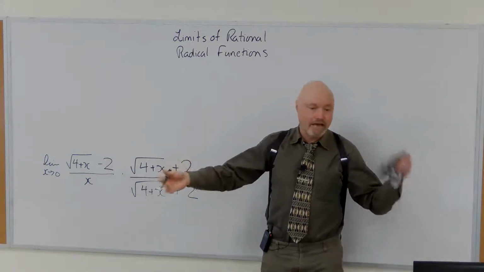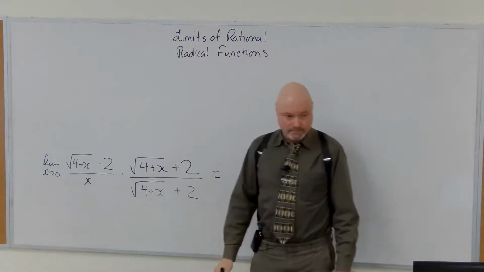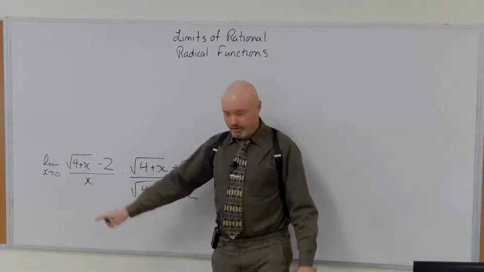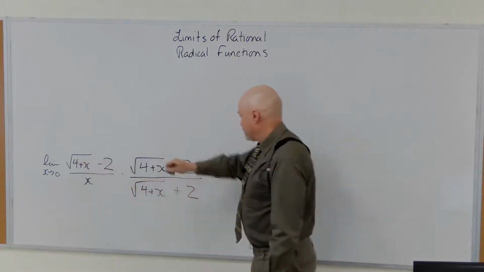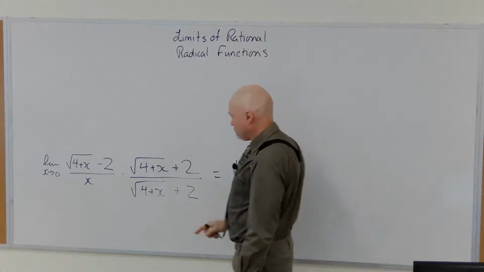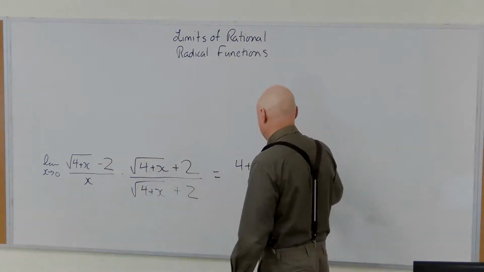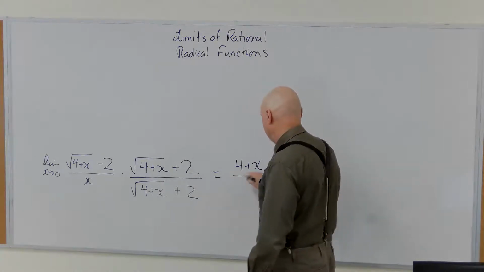So there's stuff happening in the middle, but it just doesn't matter. I'm not going to do that. We're just going to know that it drops out. Root 4 plus x times the root of 4 plus x is 4 plus x. Stuff in the middle disappears, and this becomes a minus 4 there.